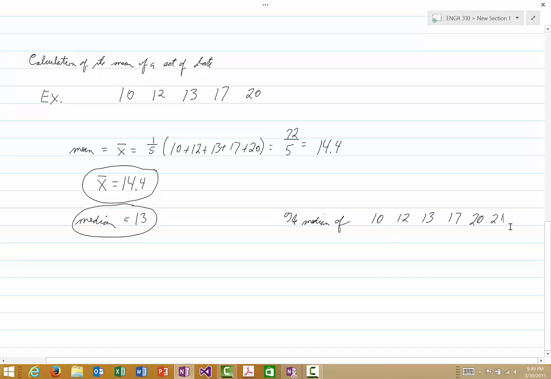Okay, this is 6 values, and so to calculate the median of that, we take these two middle values and take their mean. The mean of those two is 13 plus 17 divided by 2, or 30 over 2, is 15. So the median of that set is 15. That's how we calculate the median for a set of data that has an even number of data in it.